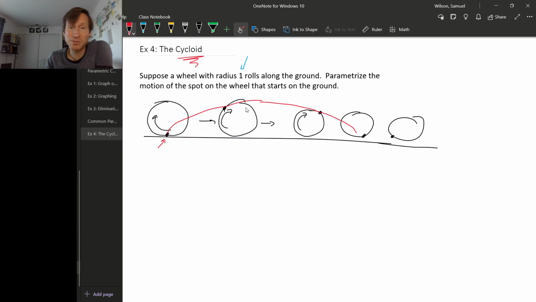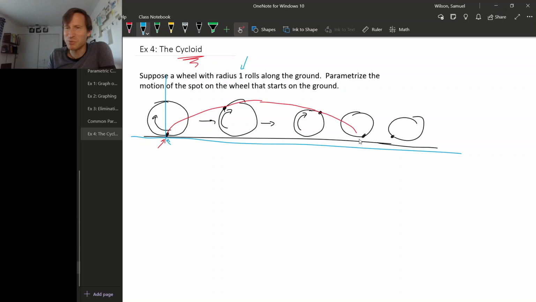I guess the first job is to choose a coordinate system, and just to make things easier on ourselves, let's choose a coordinate system so that the origin is where this point starts out. Now it's kind of hard to know where to begin if you think about just this entire motion of this point.